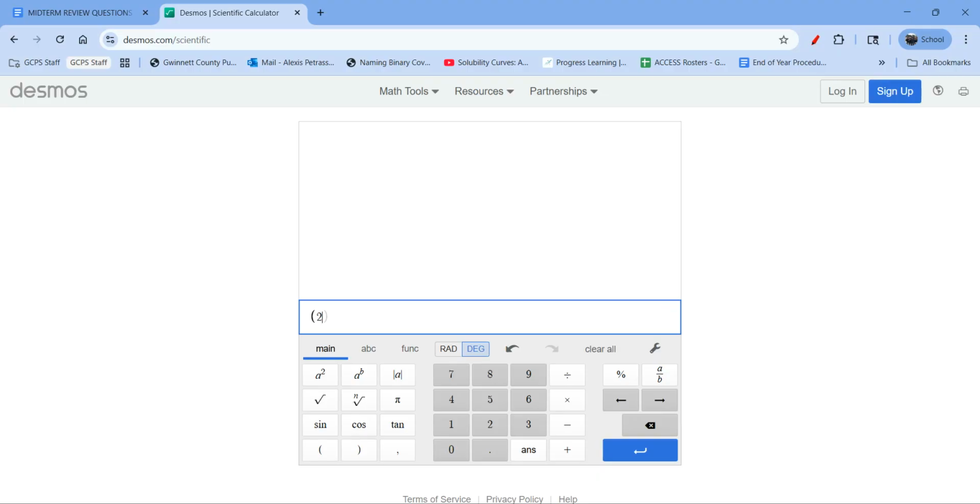So you're going to do 27.98 times 92.2, close parentheses. That's the first isotope, mass times percent, plus the second isotope, parentheses, 28.98 times 4.67.